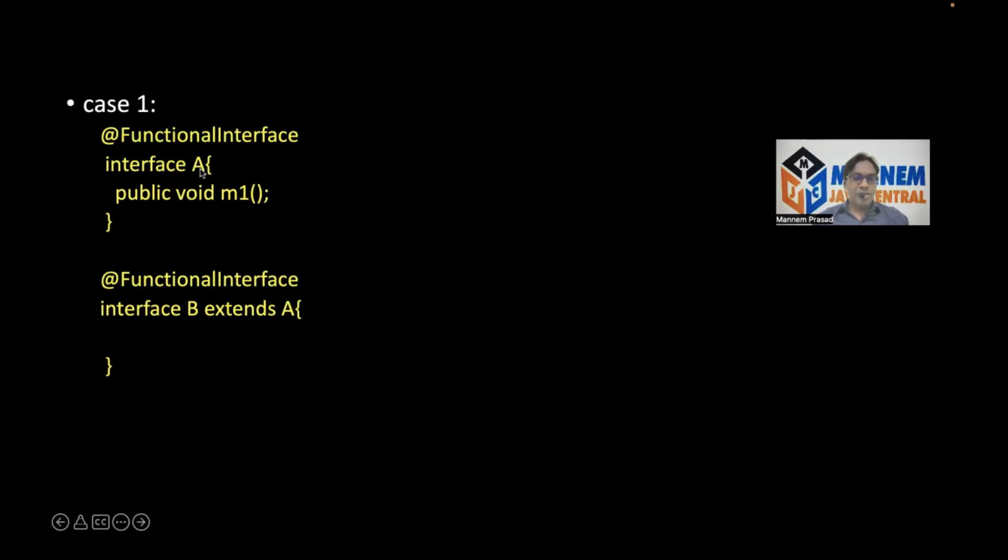I have a functional interface A, which contains one method m1, and I have a functional interface B, which extends A. Is this a valid case or not? Absolutely, this is a valid case. If functional interface B is extending from A, this m1 is overridden in interface B. Now functional interface B contains the m1 abstract method, so it is valid.